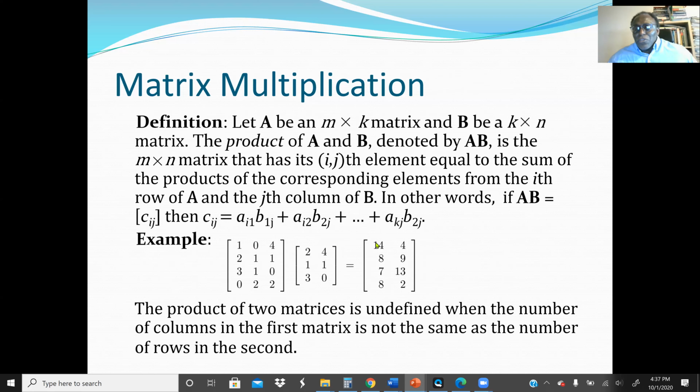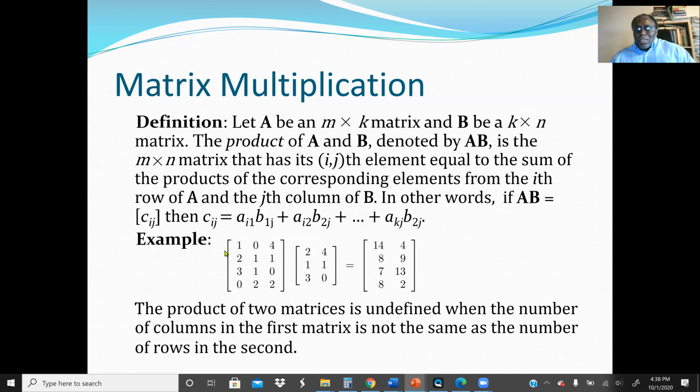Why is 14 in the first row, first column? Because we use the first row of the first matrix and the first column of the second matrix to do our multiplication and addition.